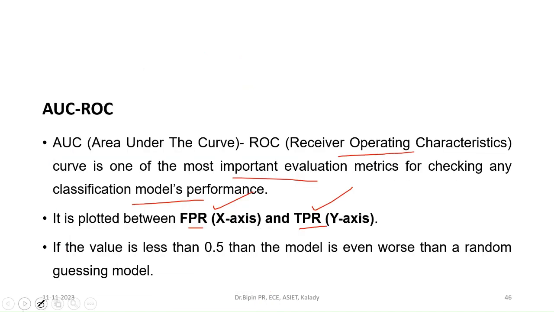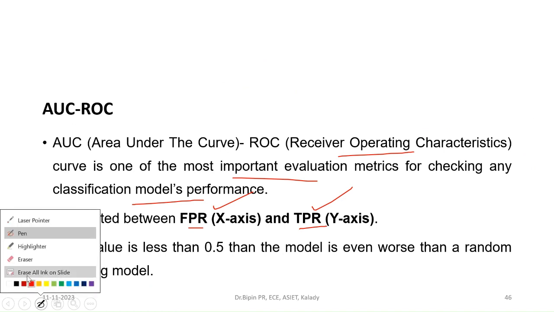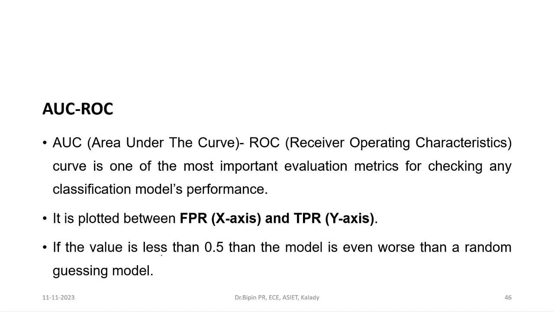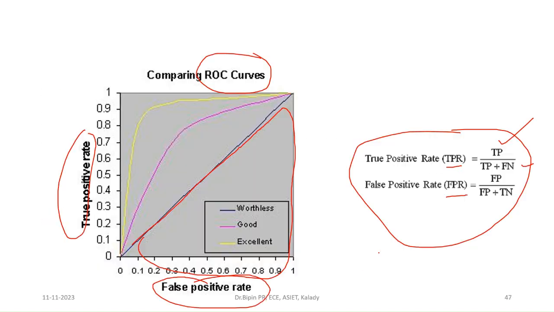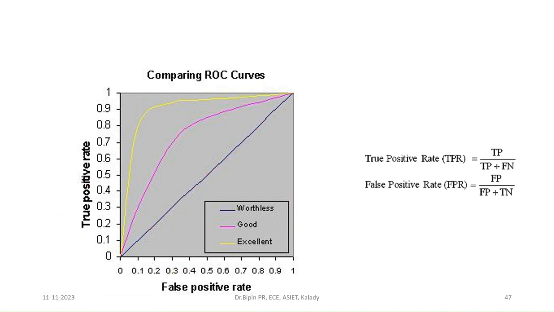Okay. Now, normally, if the AUC value is less than 0.5, the model is not a good model. It is worse than a random guessing model. That is the worst model, we can say. It should be greater than 0.5.